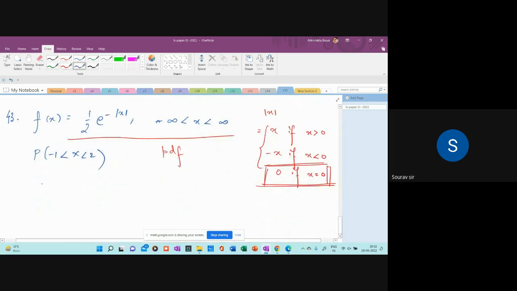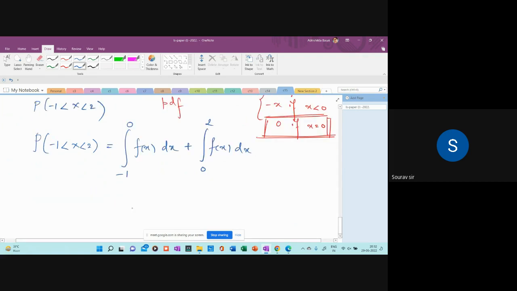Okay, so now let us write this probability, minus 1 less than x less than 2. We are going to divide the region into two parts. Since the function is defined over the whole line, we can directly write the integral from minus 1 to 0, the negative portion, of f(x) dx, plus 0 to 2, the positive portion, of f(x) dx.